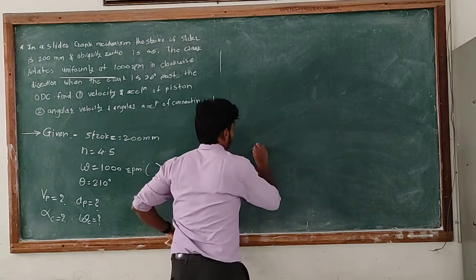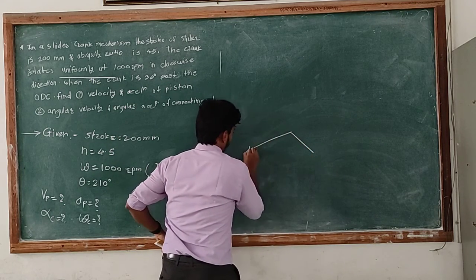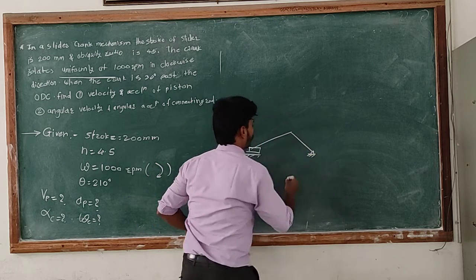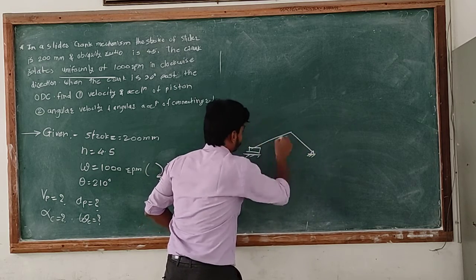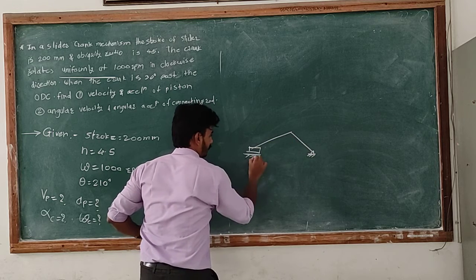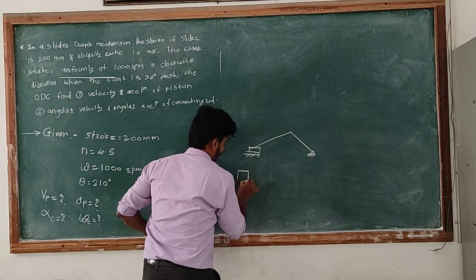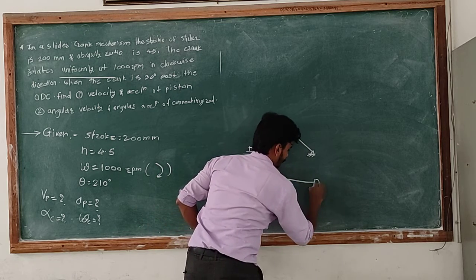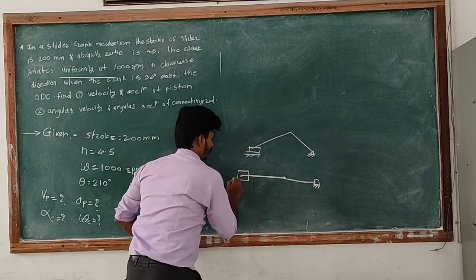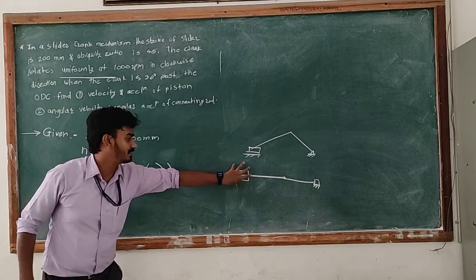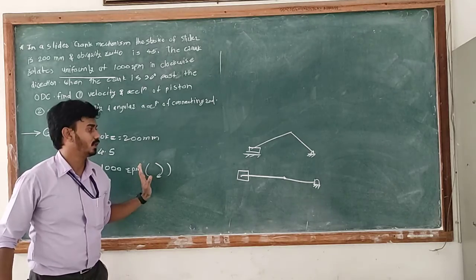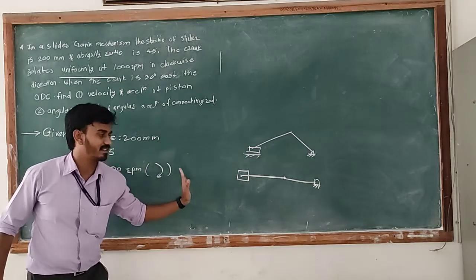So if we consider this our slider crank mechanism, this is our slider and this is our crank. Suppose after some time this slider becomes like this. Initially this slider is at the extreme left-hand side.